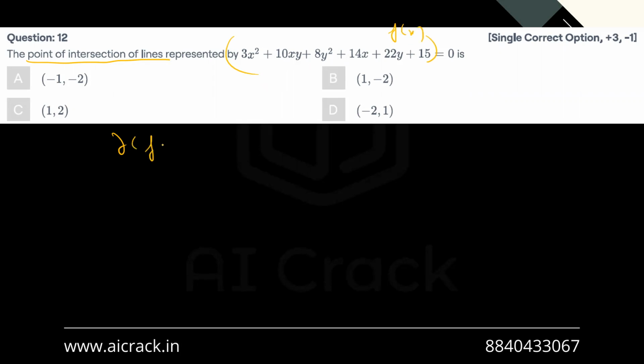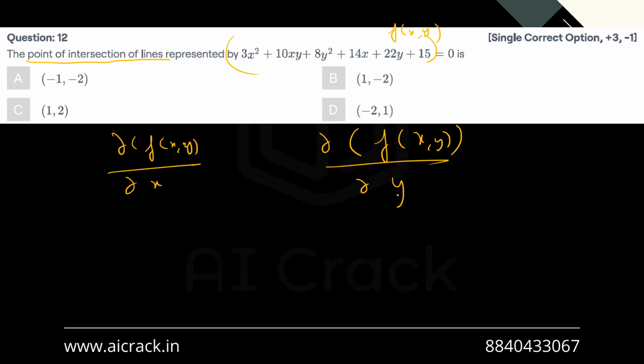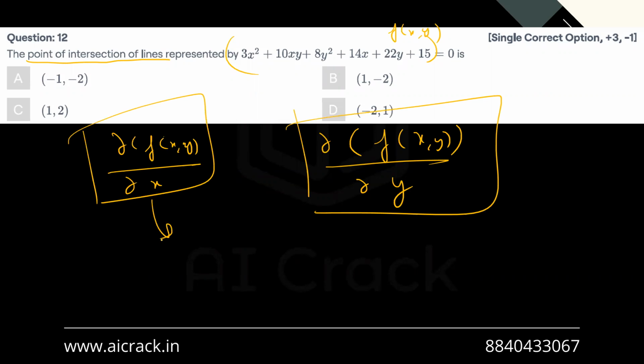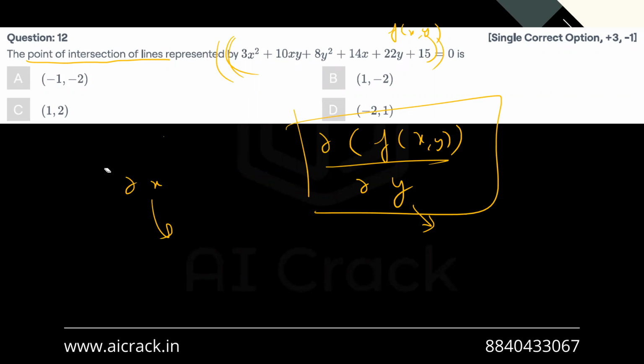You'll have to calculate del f by del x and del f by del y, right? You have to calculate both of these expressions. You'll find one linear equation from here, one linear equation from here in terms of x and y, and both of them are the components of the straight lines representing this pair of straight lines, right? And then you can find out the point of intersection.